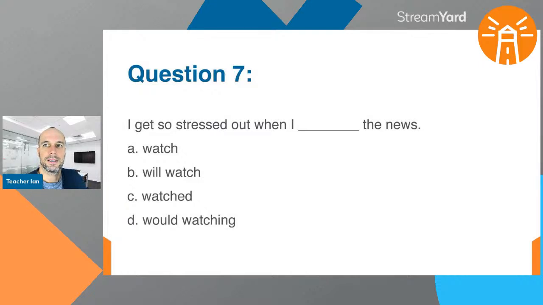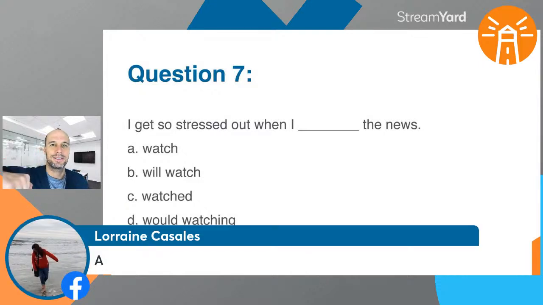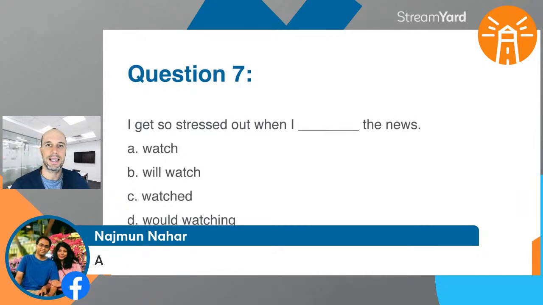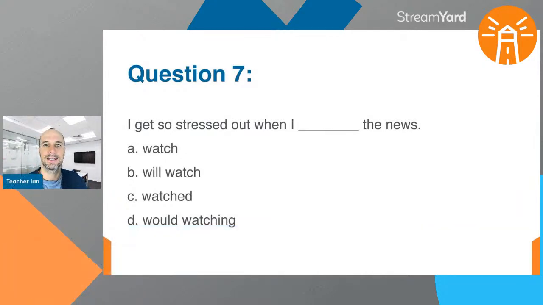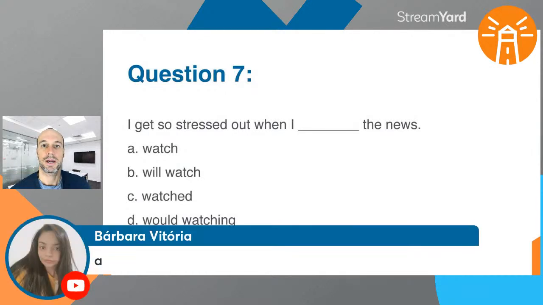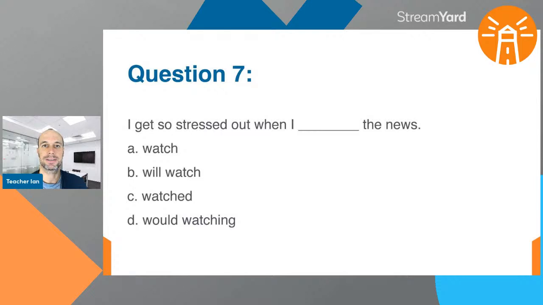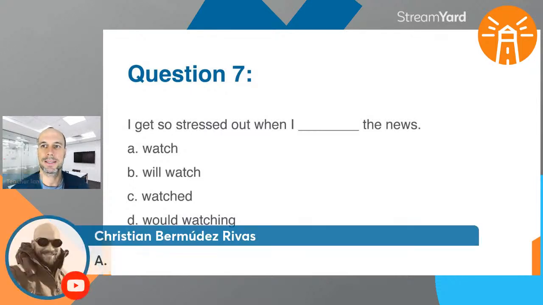All right. Lorraine, I'm not sure if this is for the last answer or this answer, but the guess is A. Najman says A. Great. Barbara says A. Very good. I'm not going to give the answer just yet till a few more people answer.